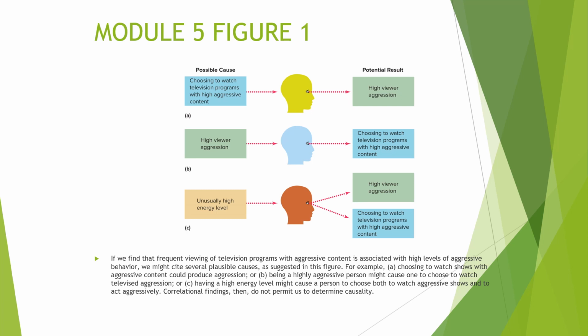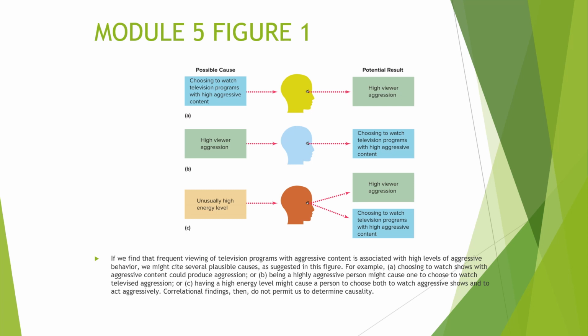So the possible cause in letter A is choosing to watch a television program that is highly aggressive. The potential result is high viewer aggression. And then the next one, the possible cause is high viewer aggression. The possible result is that they chose to watch a television program with highly aggressive content.